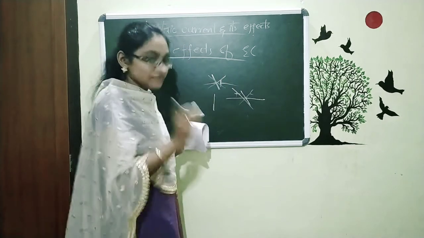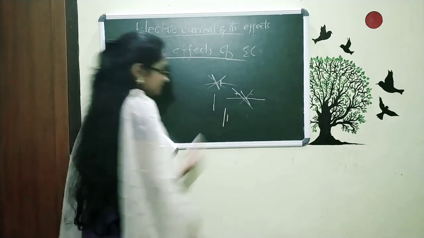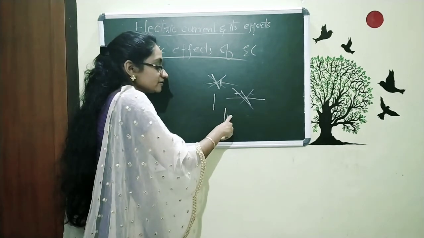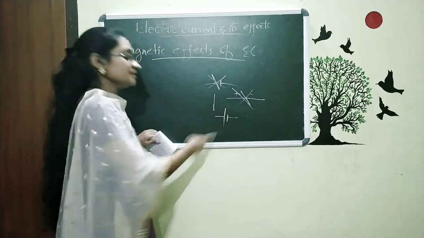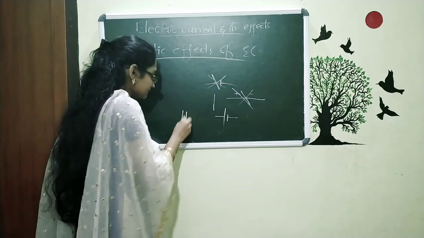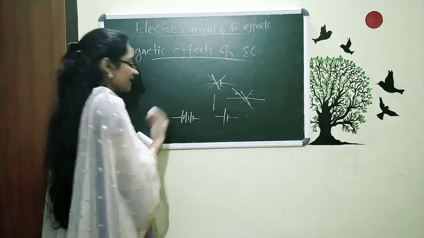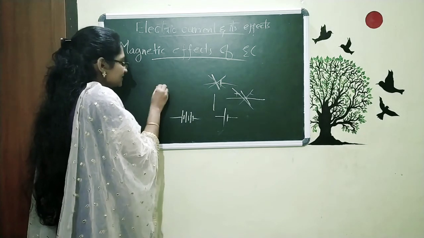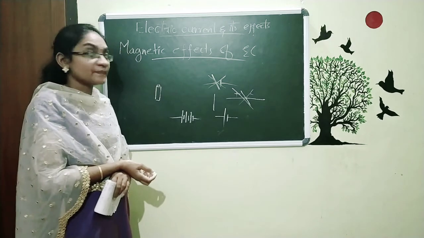When you draw the cell, you want to draw one long straight line and another short line, two lines like this. Then this is a cell. When we increase the number, this is called a battery.